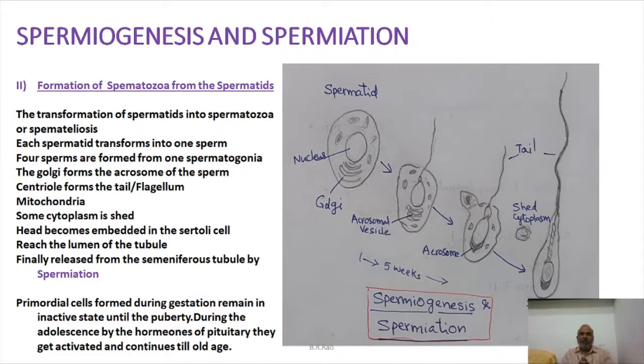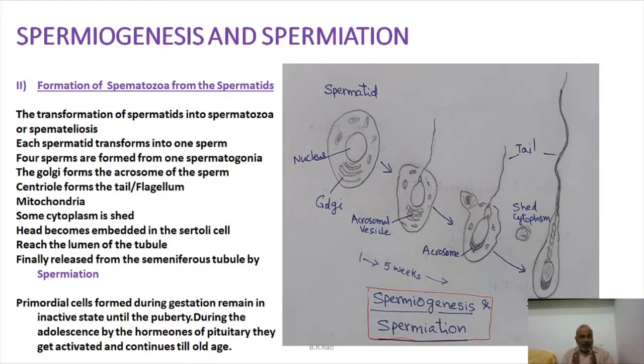During the maturation phase only, meiosis occurs. The meiosis in spermatogenesis occurs continuously, meiosis 1 followed by meiosis 2, one after the other.